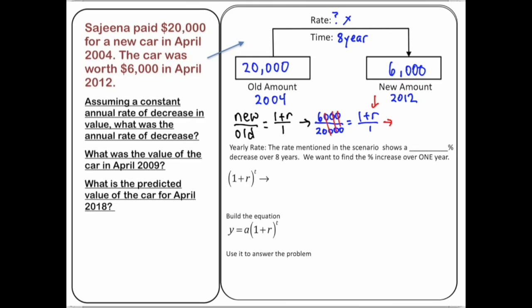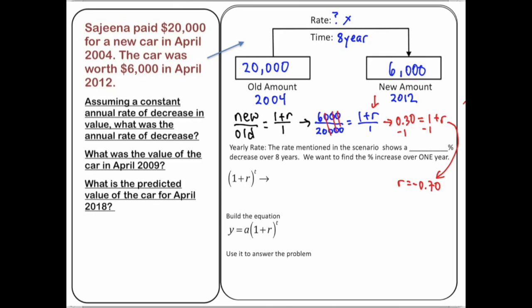Okay, of course. So we look at this like that, equals 1 plus r, and then we subtract 1 from each side. So I subtract 1 and subtract 1, and that is going to give me, at the end of the day, r equals a negative 0.70.